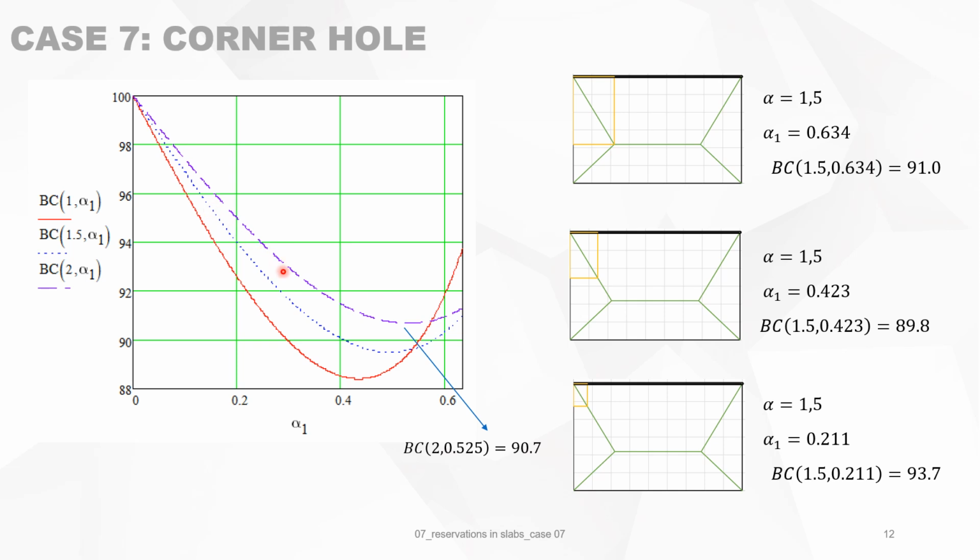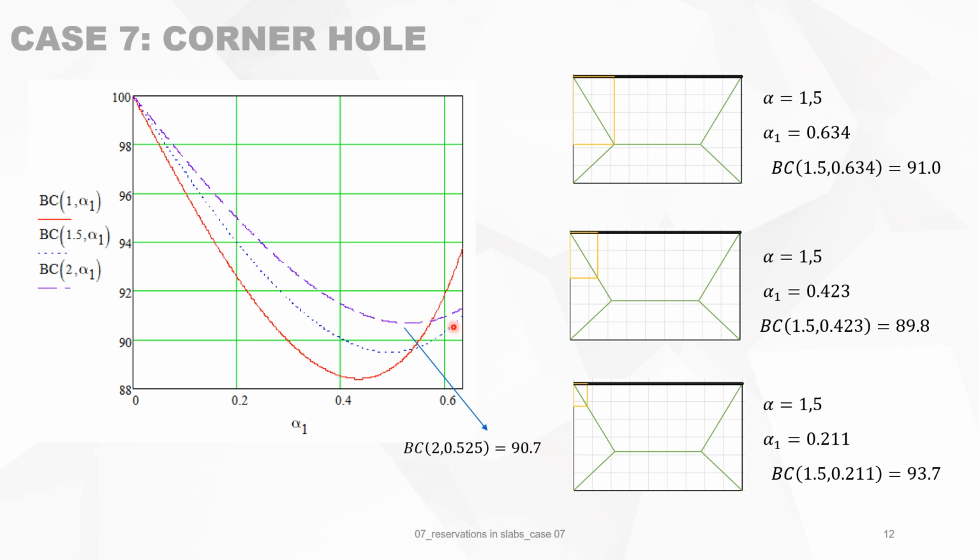Looking at those, let's put it this way: the alpha is always between 1 and 2. So this curve is an extreme, and this curve is also an extreme, and all the other curves are in between those two. Each curve or each proportion B divided by A, for each of them, there is a maximum or a minimum.